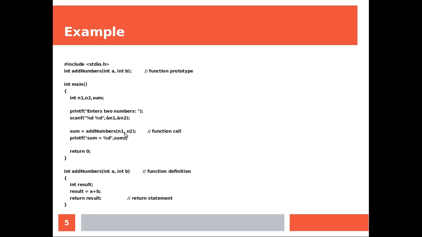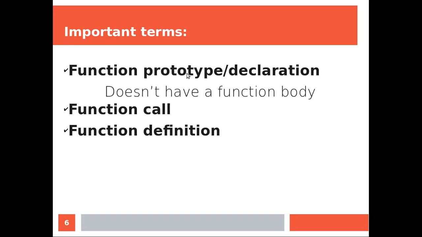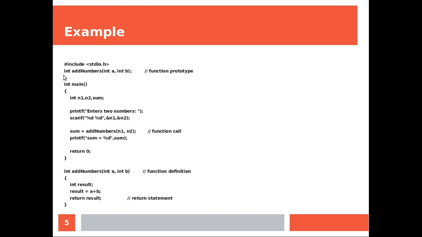So we have three important terms to keep in mind while using functions in a program. The first one is the function prototype. Function prototype is also known as function declaration. As you can see, it doesn't have a function body.